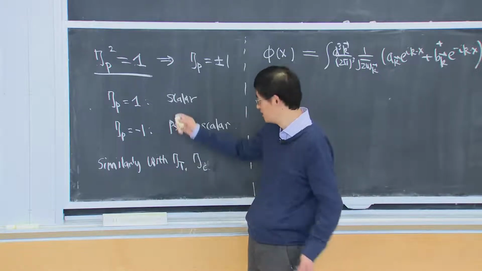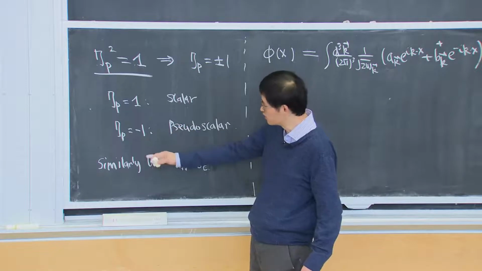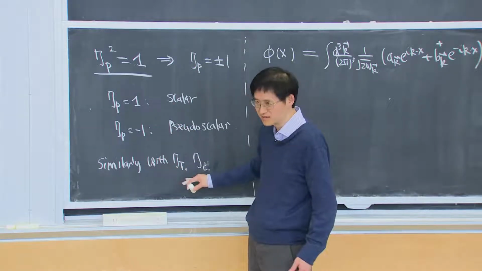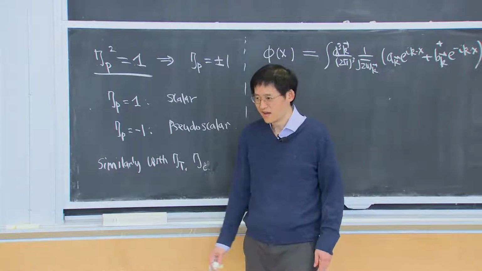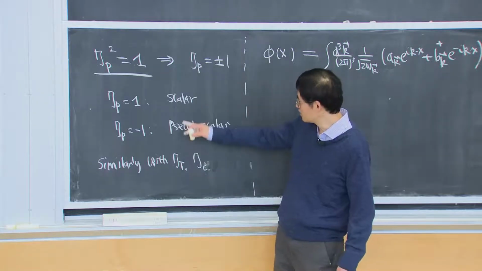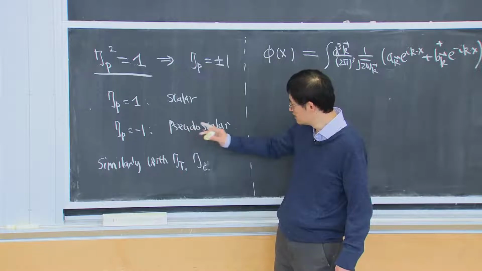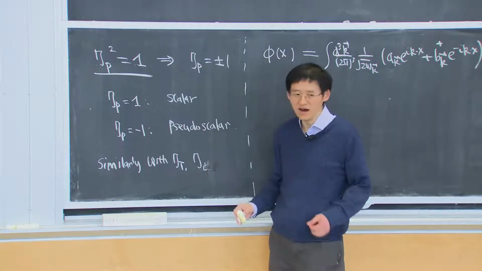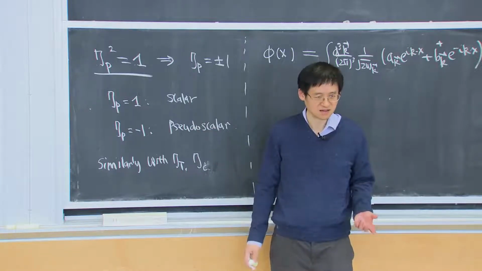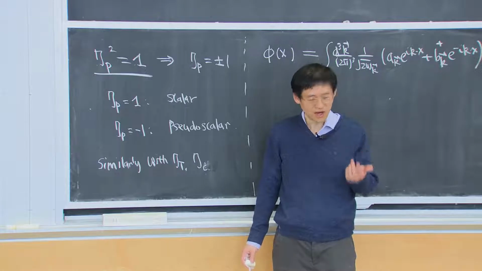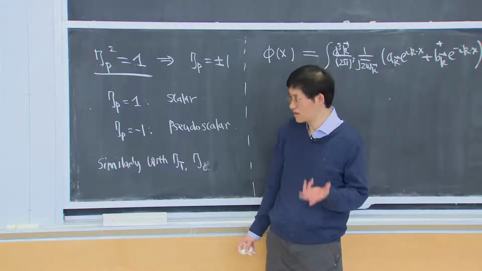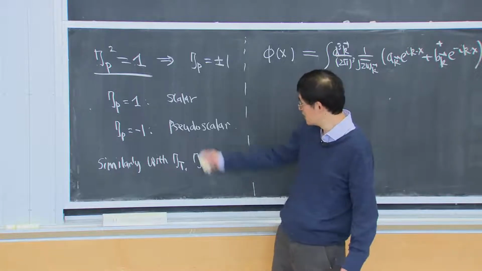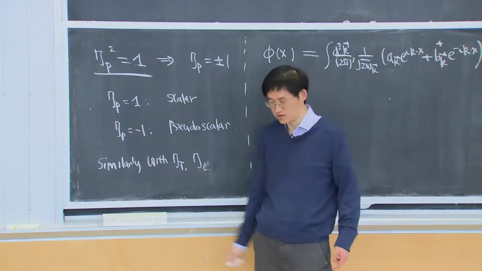We normally don't give a name; you just specify whether it's 1 or -1. The reason we give a name for this is that the pion is a pseudoscalar. It actually transforms under parity by a minus sign. The Higgs will be the ordinary scalar; it transforms as 1.